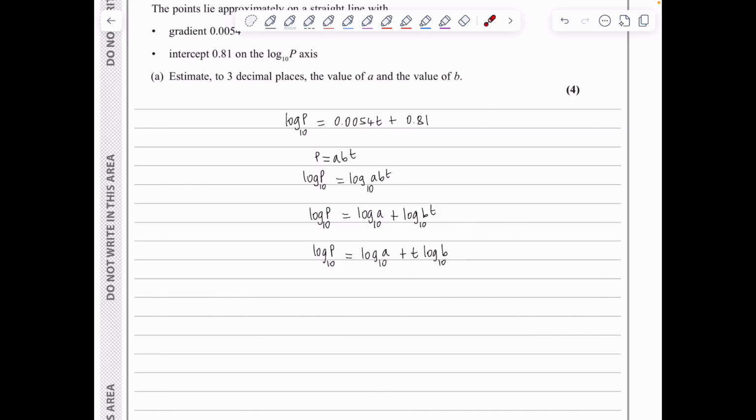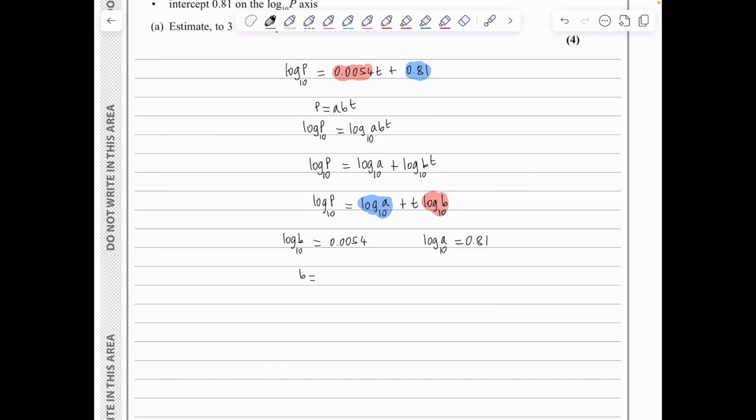I will then proceed by comparing the original equation of the straight line with this one here, and we can see that the 0.0054, the gradient of the straight line, corresponds to log of B base 10. It's the coefficient of T, and the intercept of 0.81 is the log of A base 10, and therefore we are looking at log of B base 10 being equal to 0.0054, and then log of A base 10 being equal to 0.81, which means that B is equal to 10 to the power of 0.0054.